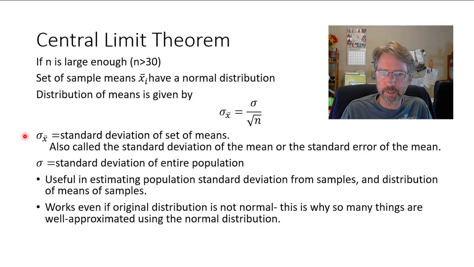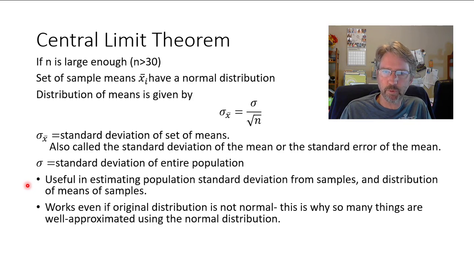And here are the terms again. The standard deviation of our means is also called the standard deviation of the mean or the standard error of the mean. Sigma is the standard deviation of the population, and normally we can't measure the whole population, so we often turn this around to find things that we need.